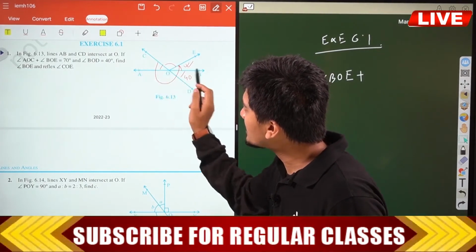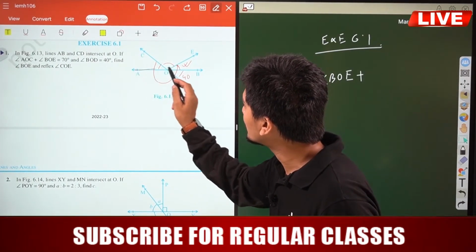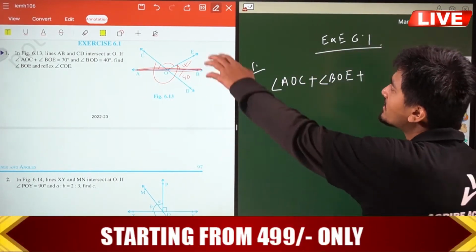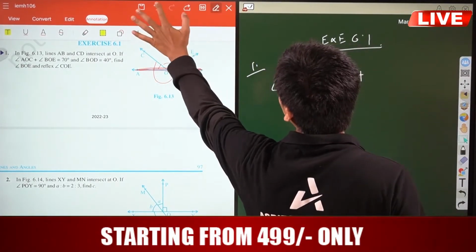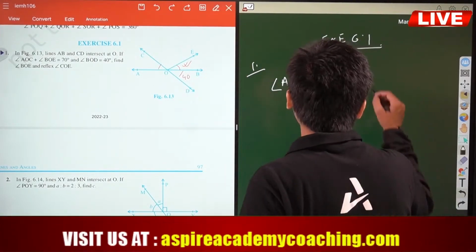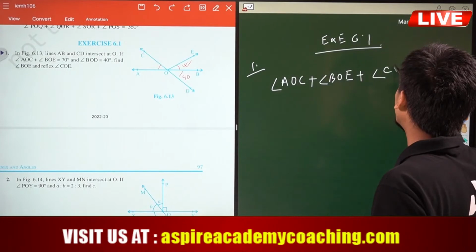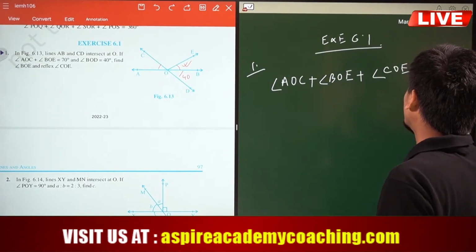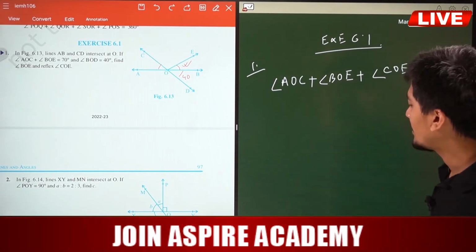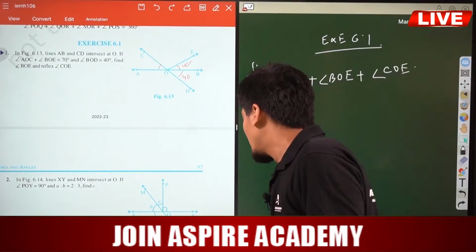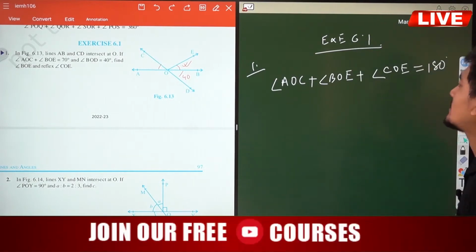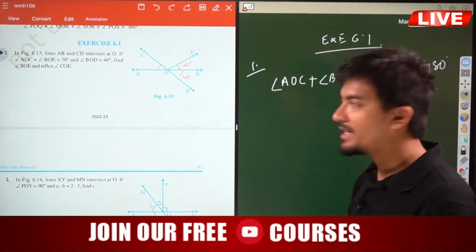So this makes a straight line or not? Right, this is a straight line. So angle AOC plus BOE plus COE equals 180 degrees, since it is a straight line, right?